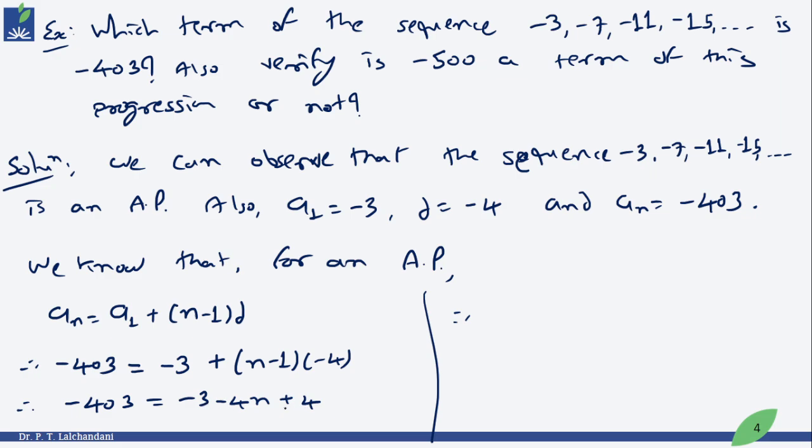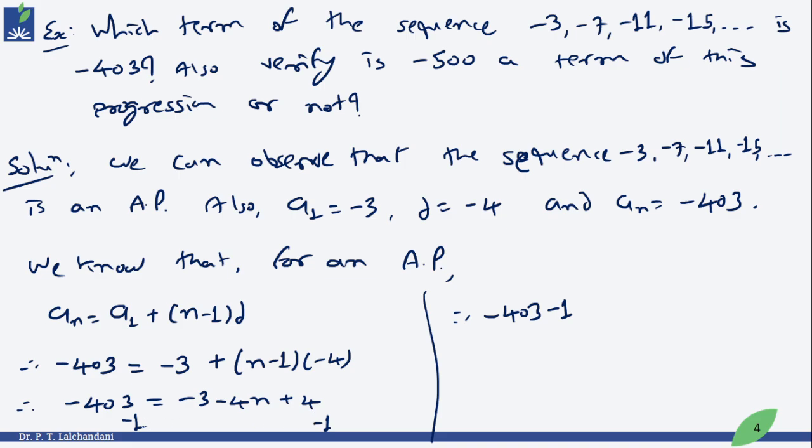Taking the plus 1 to the left hand side, we get -403 minus 1; actually we are adding -1 on both sides, because -3 minus 1 is -4, and -4 plus 4 is 0.